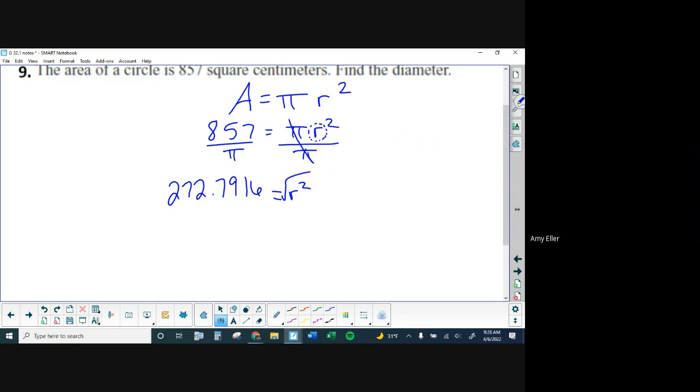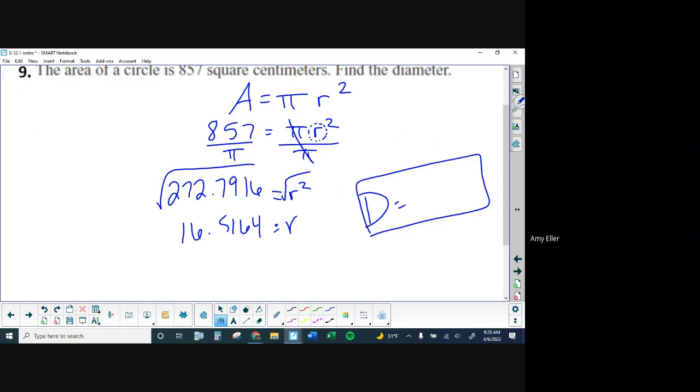We square root. Once you get the radius, just multiply it by 2. Final answer, 33.03 centimeters. When we're labeling things, the radius would be centimeter, diameter, centimeter, circumference, centimeters. It's the area, the only one that's centimeters squared.